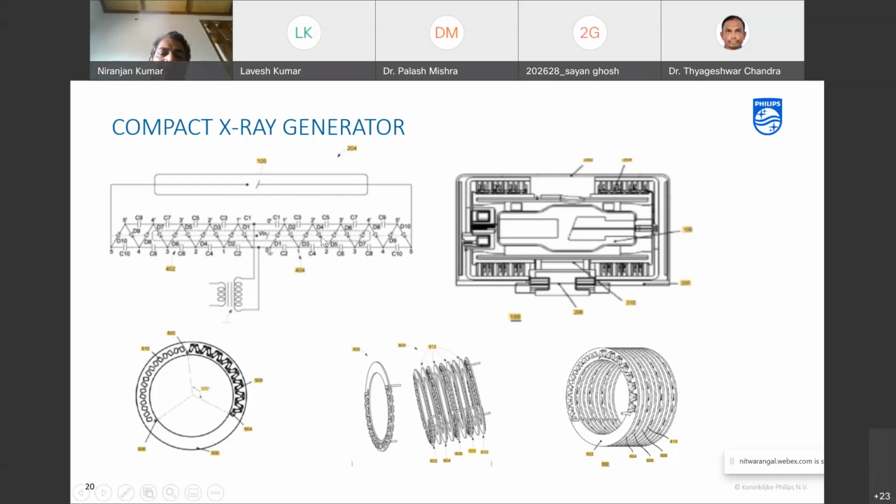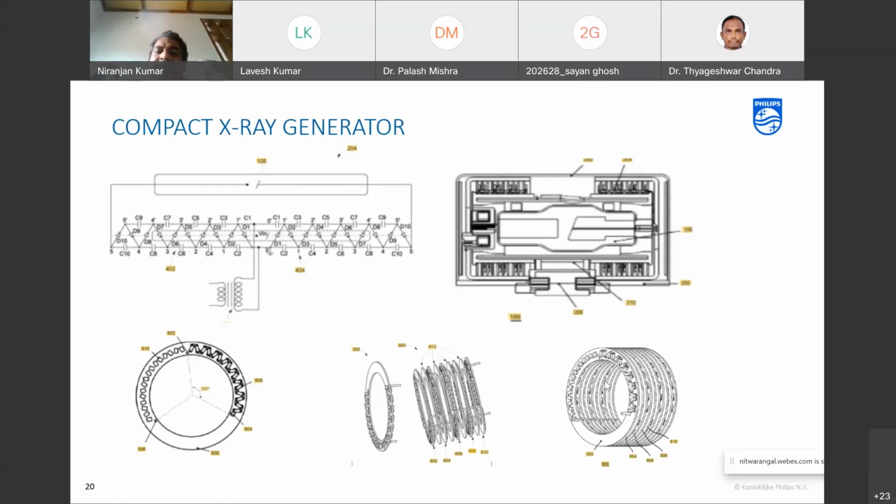Now, this is a well-known circuit, but how you package it so that you can manage it matters. Here I put a series of diodes and a series of capacitors, because you have to stack many diodes and capacitors to get the same result. It is in the form of a ring, placed around the X-ray tube, so it becomes very compact.